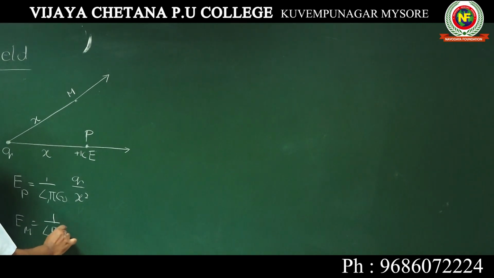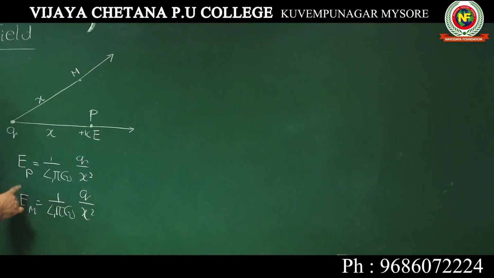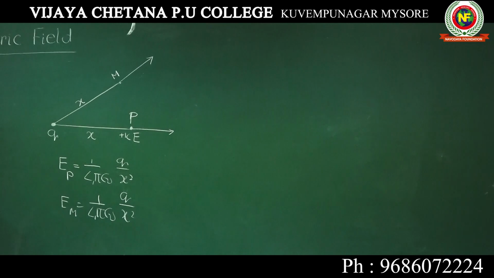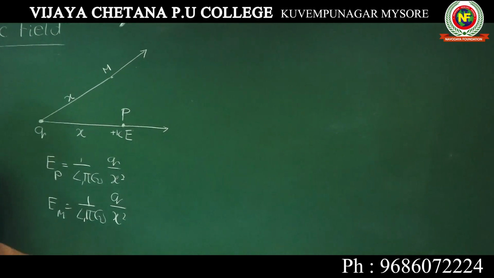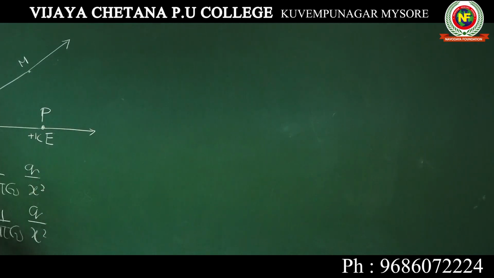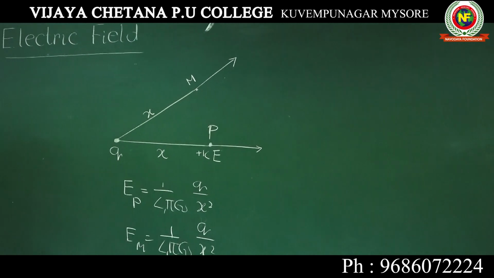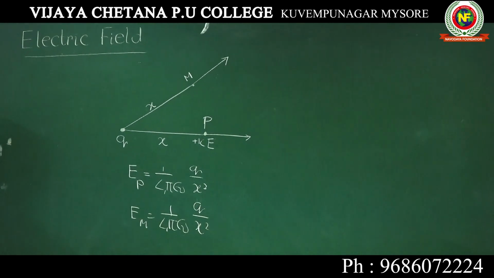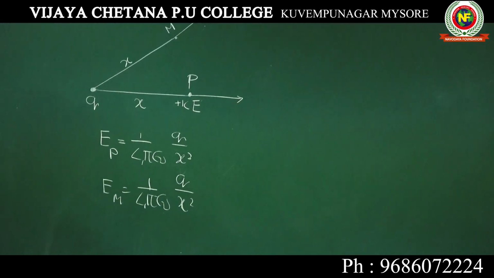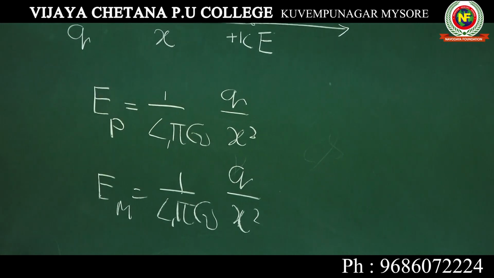Again it is 1 by 4 pi epsilon naught charge divided by x square. See, EP and EM are remaining same in terms of magnitude, but are they same in terms of direction? No. Therefore, at 2 different points where the electric intensities are same due to a point charge, they cannot be same in terms of directions. They may be equal, identical in terms of magnitude, but never in terms of direction.